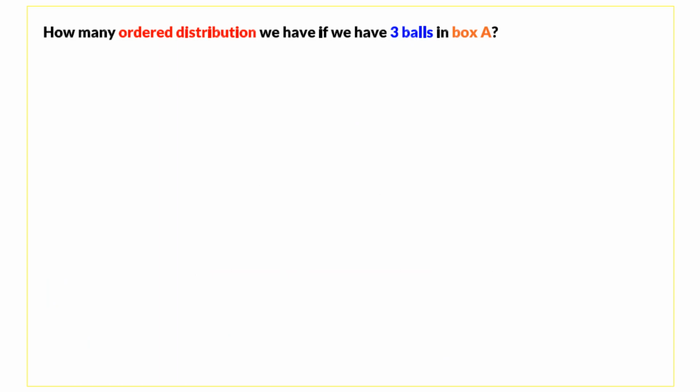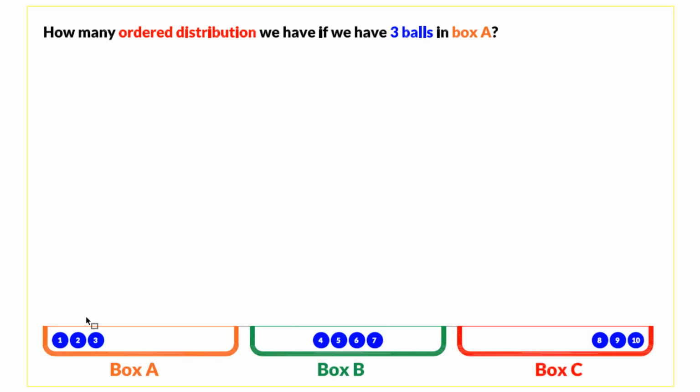Let us answer the question: how many ordered distribution we have if we have 3 balls in box A? So we started with no ball in box A, 1 ball in box A, 2, and now 3 balls in box A. So let's assume that we have only 3 balls in box A. We will map these balls, and we will put the barriers between these letters.